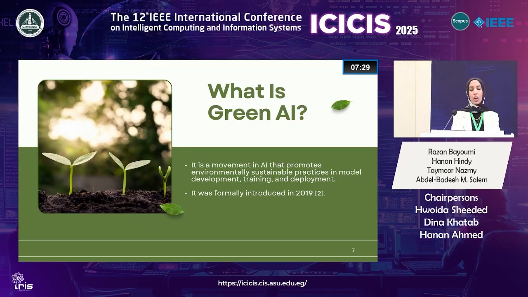From here, the term green AI appeared. Green AI was formally introduced in 2019, and its main target is to propose models while taking into consideration their effect on the environment.